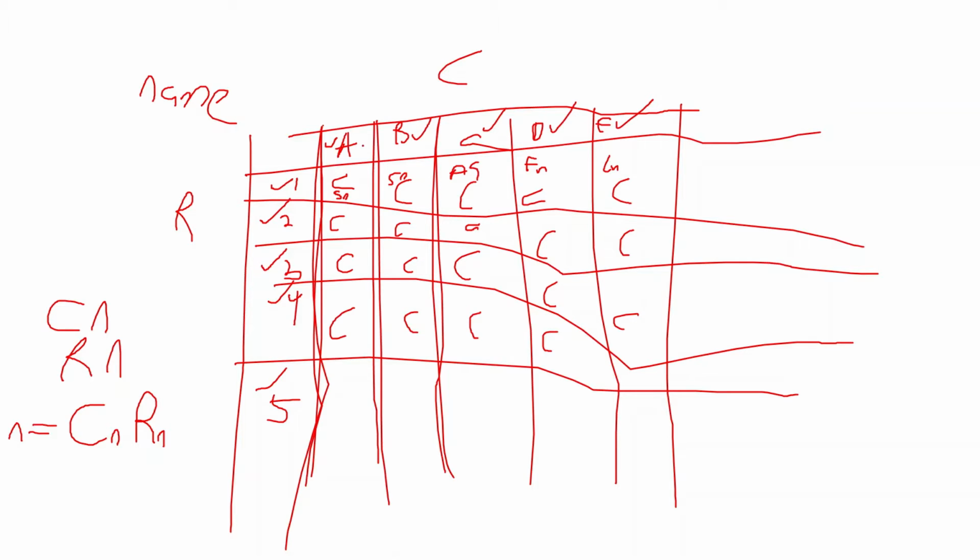How do we know where the student name is? We check the column first. This is column A, and then this is row 1. So the intersection of column A and row 1 gives us the cell for student name, which is this cell right here. So how do we name this cell?